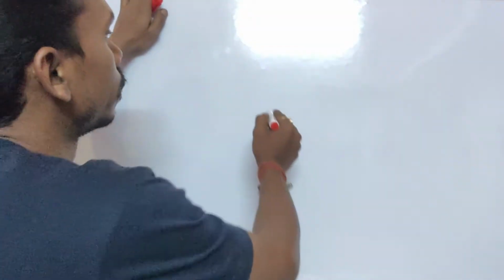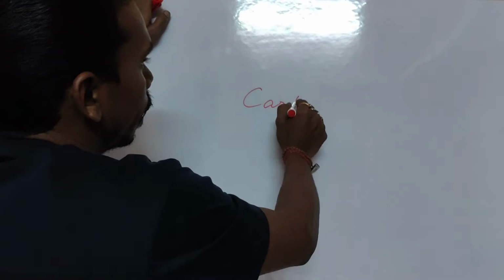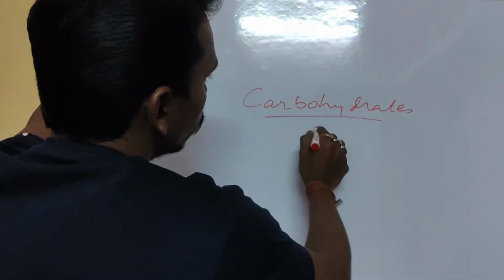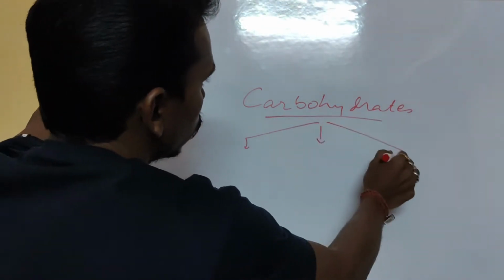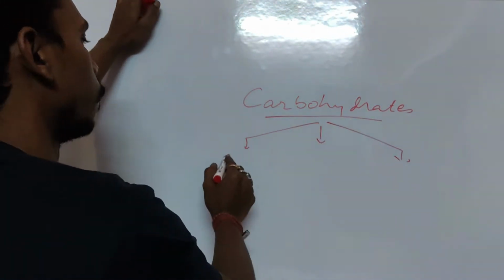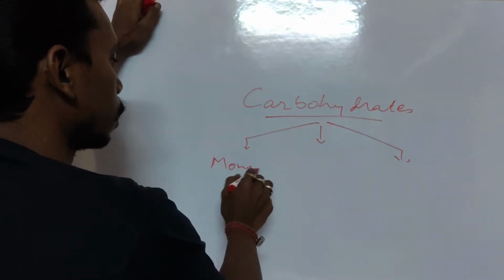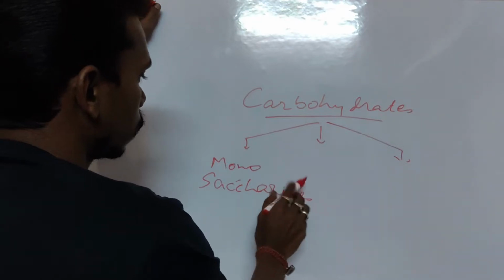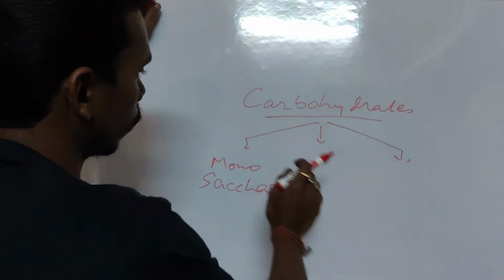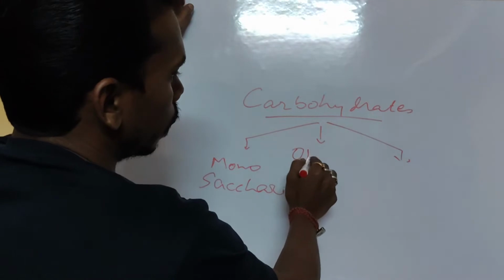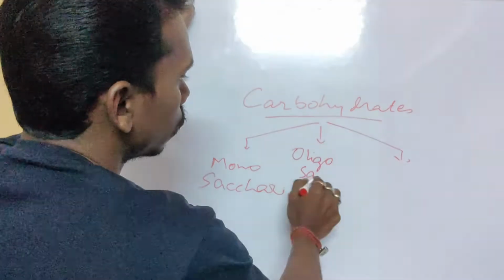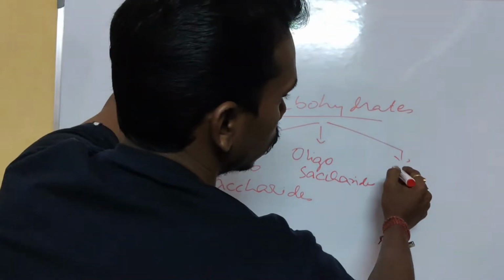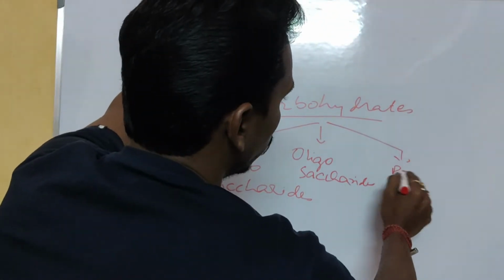We all have studied that carbohydrates basically can be divided into three major types. One is monosaccharide, another one is oligosaccharide, and this is polysaccharides.